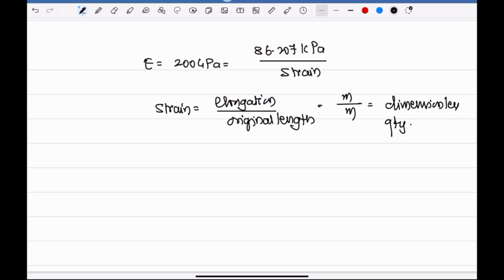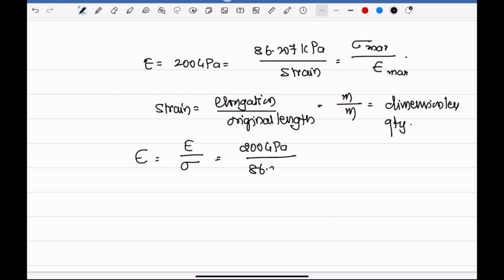Now, we got the value of Young's modulus, and we got the value of sigma max. Strain is denoted by epsilon.